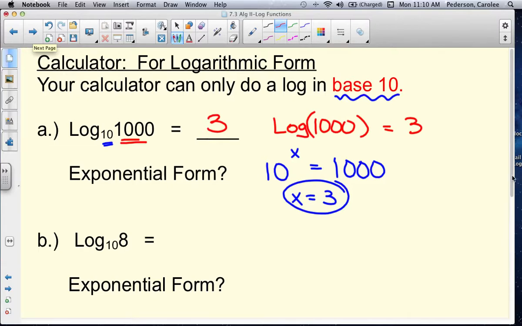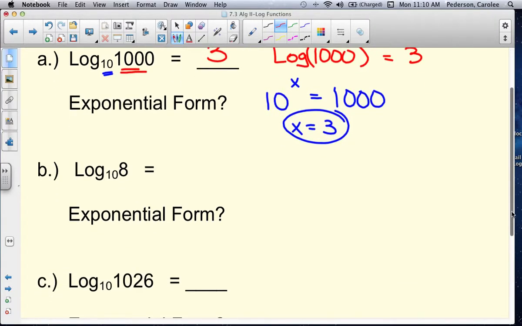Let's go down and do example B. Logarithm base 10 of 8. Let's take a moment to just explain what that means in exponential form. So my base is 10 raised to what power equals 8? Well, 10 to the 1 is 10. 10 to the 2 is 100.